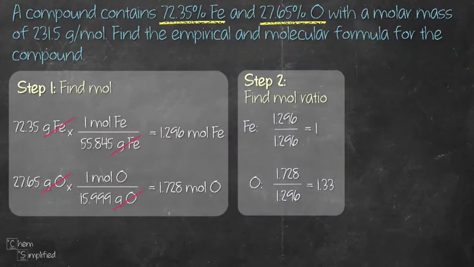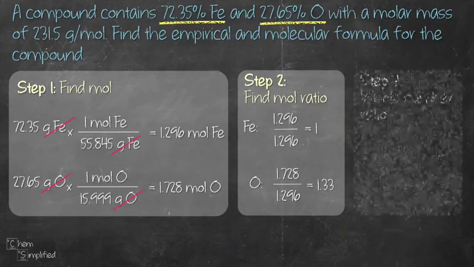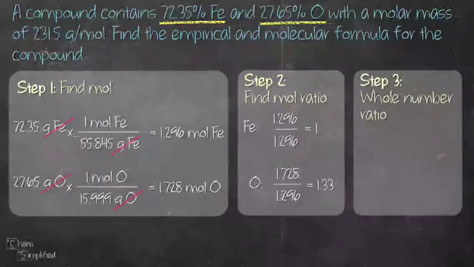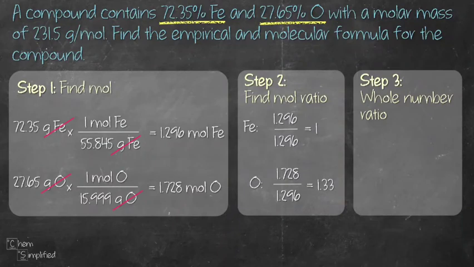Is this two answer also whole number? No. In third step, we need to find the whole number ratio. But in second step, we got only iron is a whole number, but oxygen is a fraction number. That's why we have to convert that fraction number into whole number.